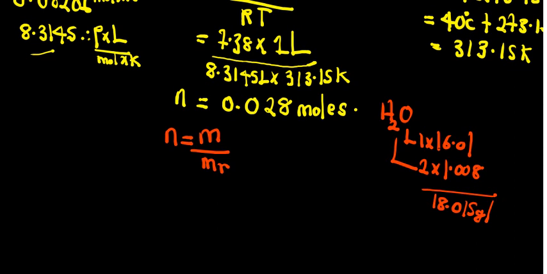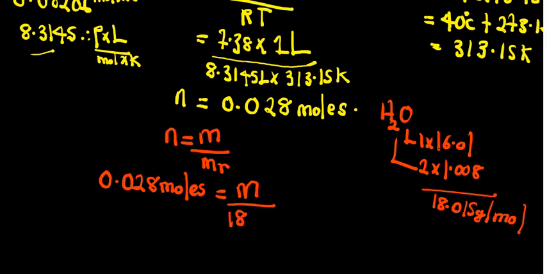So that becomes your molar mass of what? The molar mass of water. And then the number of moles you're having here is 0.028 moles, which is equal to what, mass of the water vapor over what molar mass? It is 18.015 grams per mole.